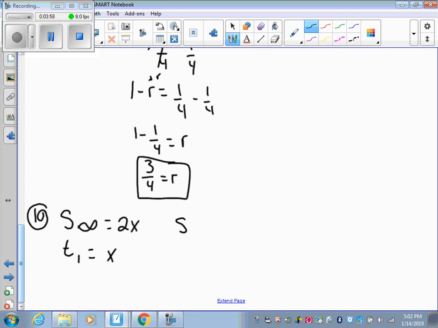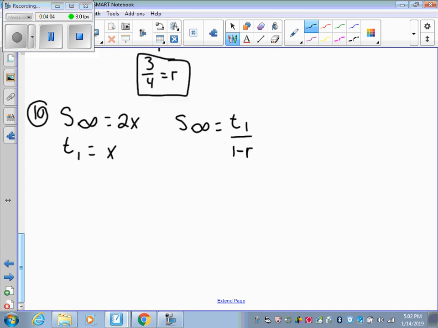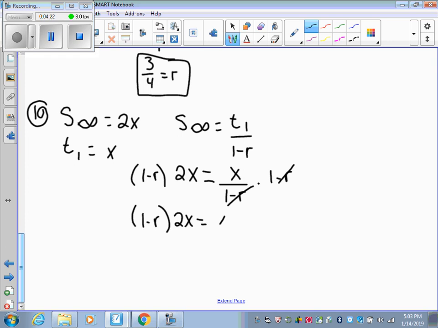So again, use the formula and substitute in what you know. For right now, we don't know much. The infinite sum is 2x, T1 is x, and we don't know R. Same as the last problem. Move that whole chunk over to the other side. So you have 1 minus R times 2x equals x.